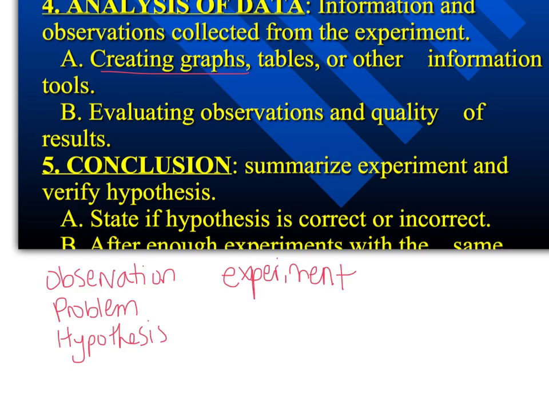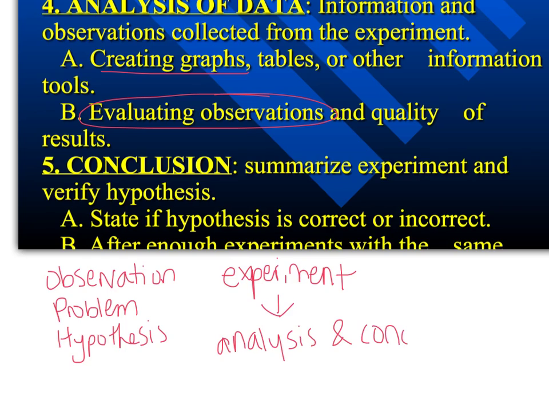You can create graphs and tables, and you can evaluate it, say if it's true or not, if it has biases, and after that you're going to make a conclusion. The analysis of the data and the conclusion are the most important part of the experiment. All this stuff is for naught if you don't have analysis and conclusion. Everything leads up to that point.